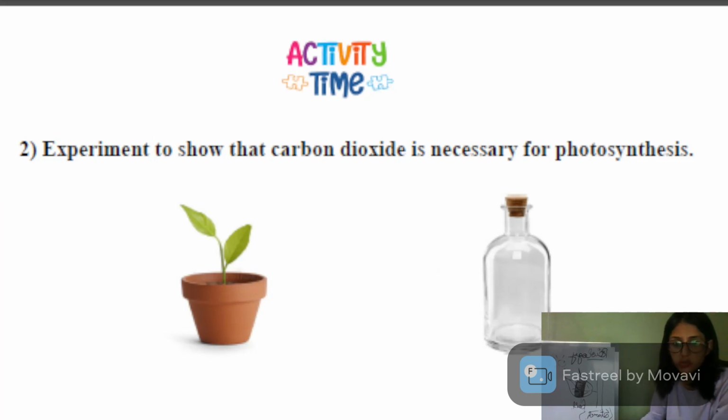Now we'll move forward to the next experiment, which shows that carbon dioxide is necessary for photosynthesis. Because carbon dioxide is present in air, we'll look at whether a plant kept in a bottle where there is no air will survive or not. What do you think? Yes, so we have this flower and this leaf.